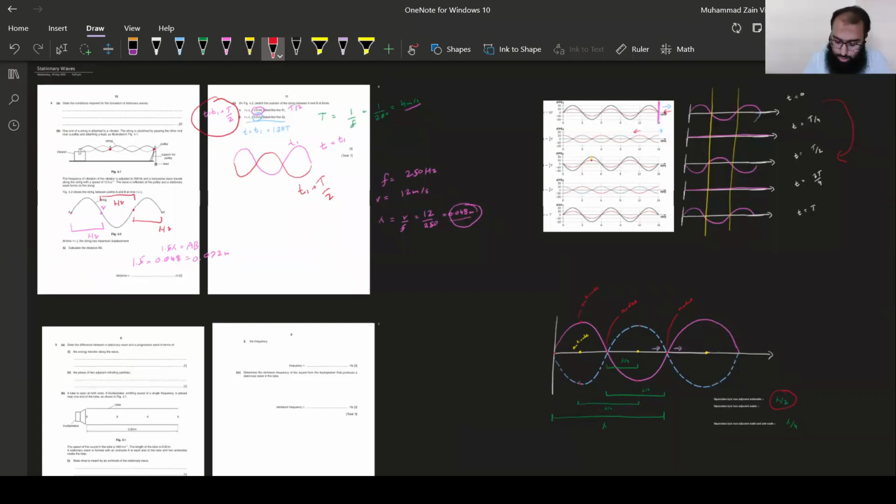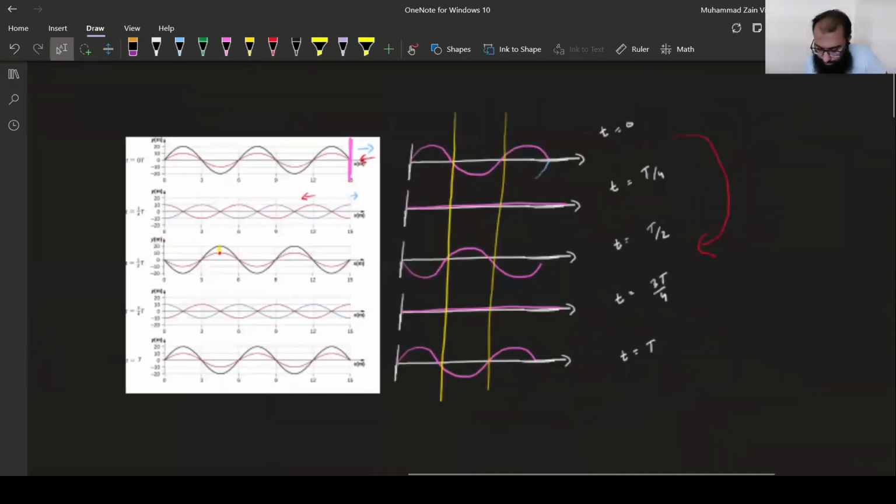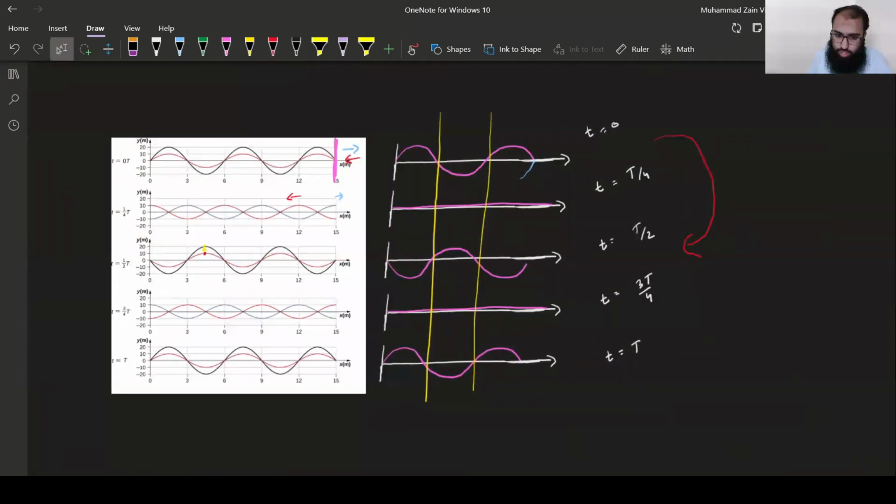And now the next part is after 1.25 time periods have passed. If this is how the wave goes in a time period and this cycle keeps on repeating, I could alternatively write it as this would be the wave at time t. This would be the wave at time t equals 1.5. Sorry, just a second.